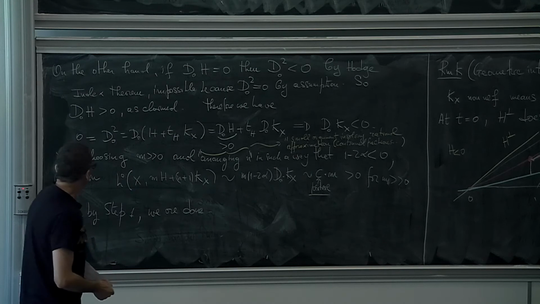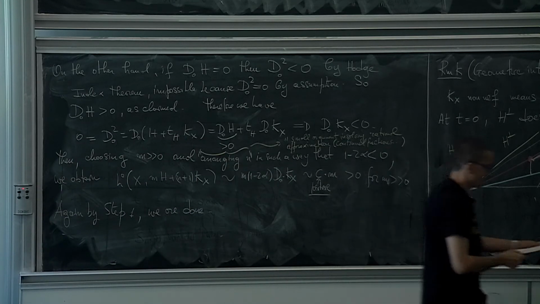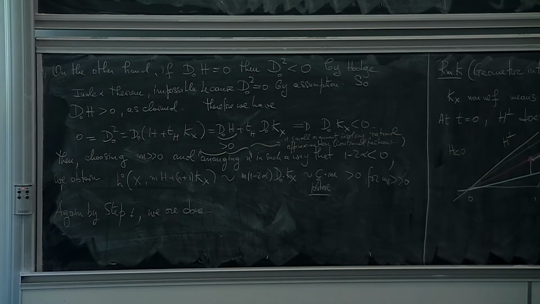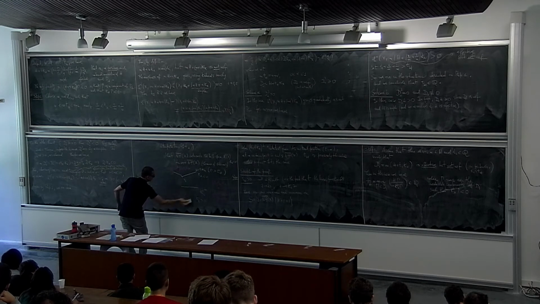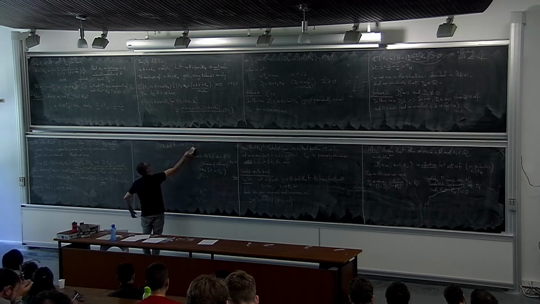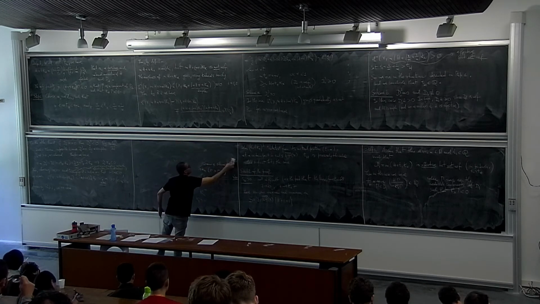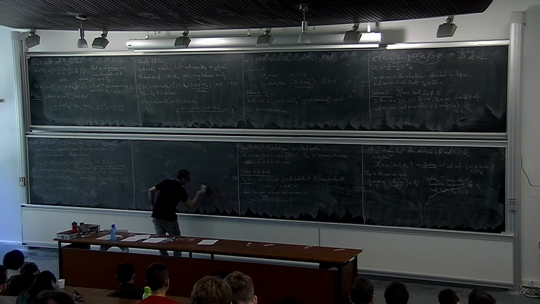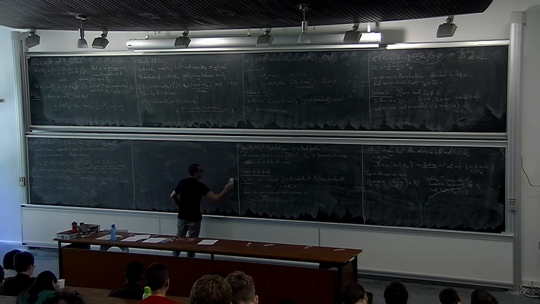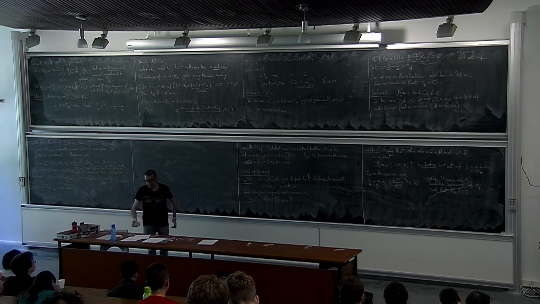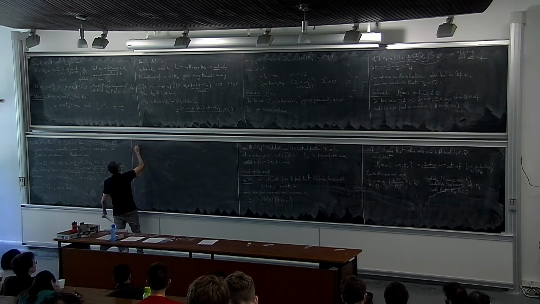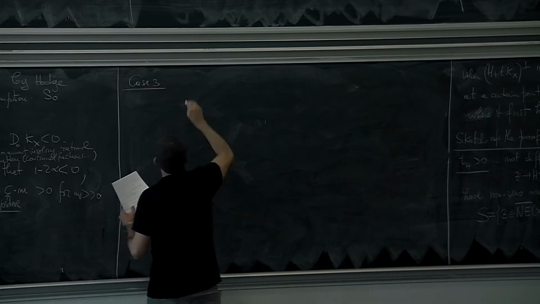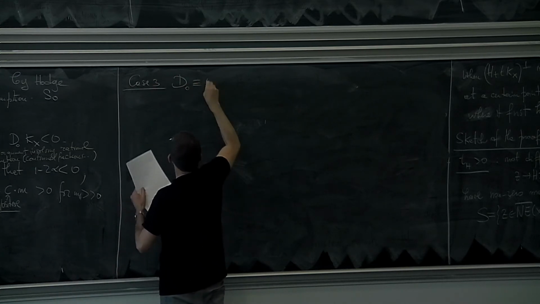OK. And now there is the last case, the easiest one, when d0 is numerically trivial. This is completely simple. Case 3. We have d0 numerically equivalent to 0.